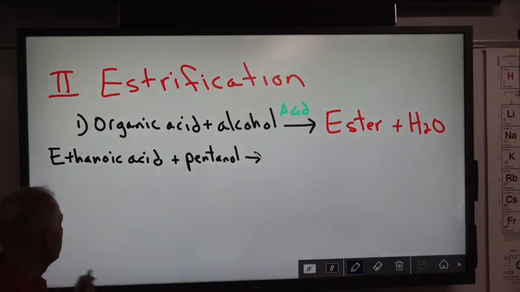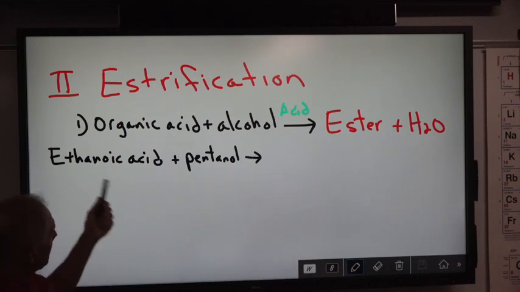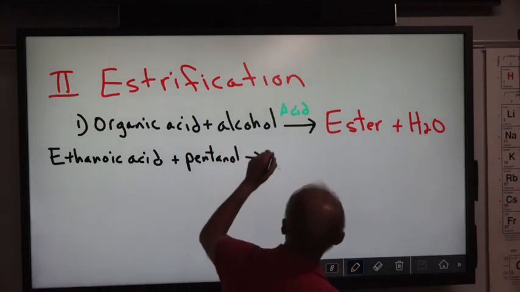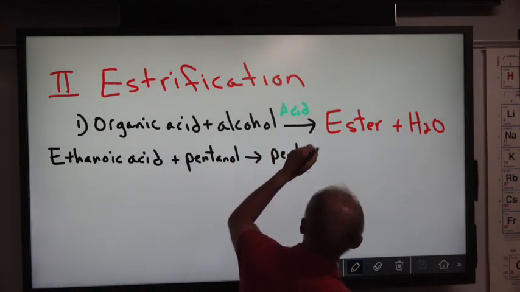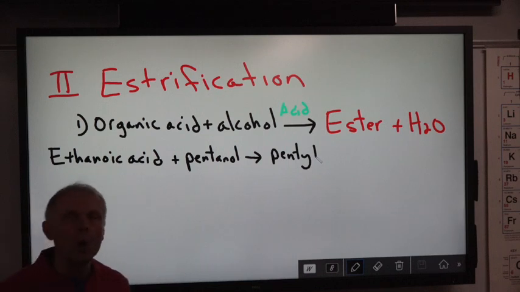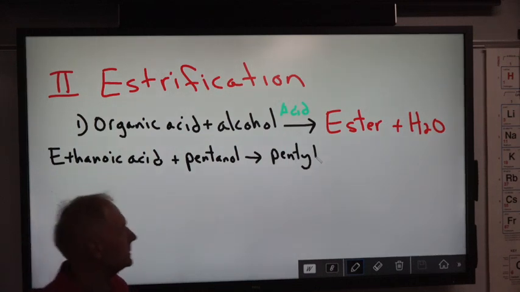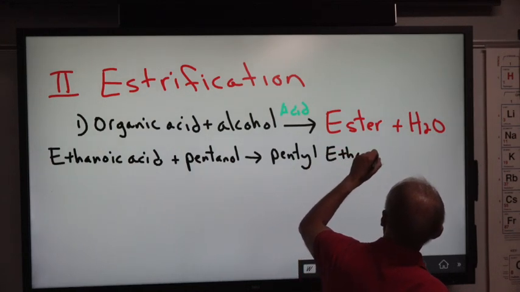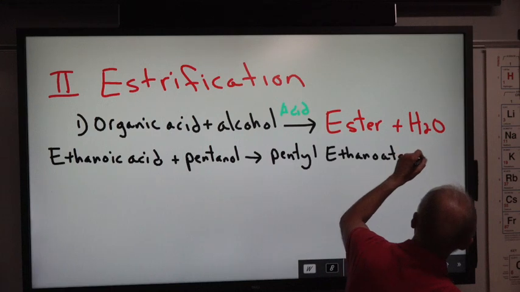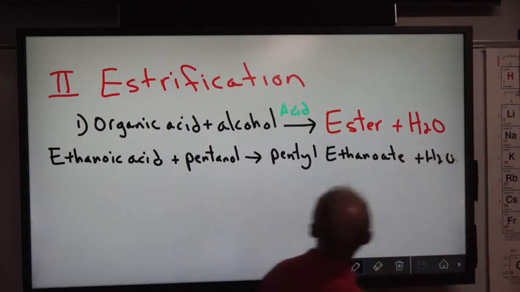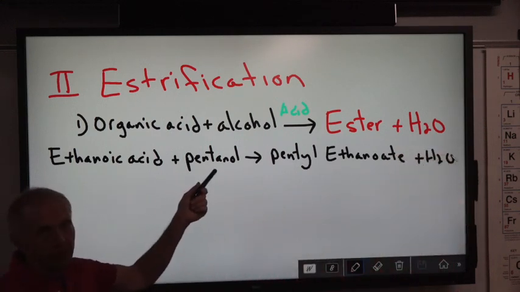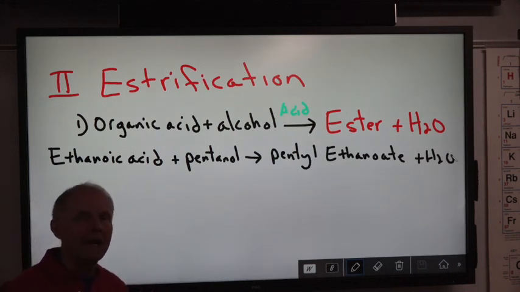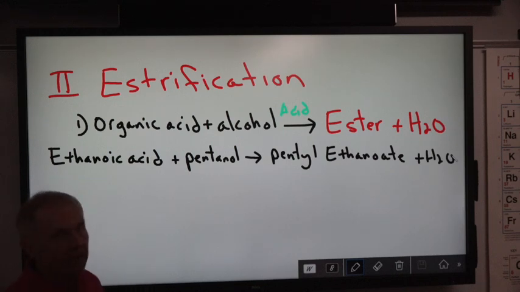So, remember how to name these things? Ethanoic acid and pentanol. You take the alcohol, chop it so it's pentyl. And then instead of ethanoic, it's ethanoate. All right, that's how you name them. Remember, the alcohol first, chop it, that's the first part, and then ethanoic, whatever the acid is, you put oate instead of ic. All right, now we're going to build it.